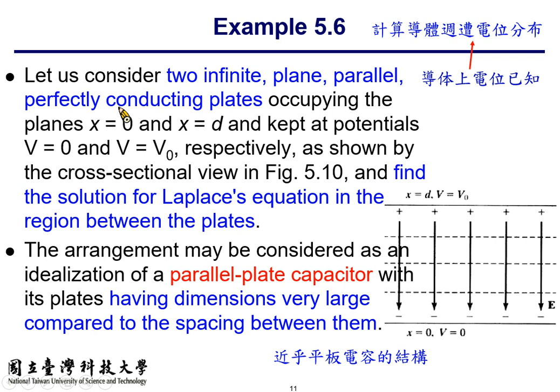One is located at x equal to 0 and the other is at x equals d. The voltage potential on the lower plate, at x equals 0, is referred as 0. And at x equals d, the voltage potential is V sub 0.